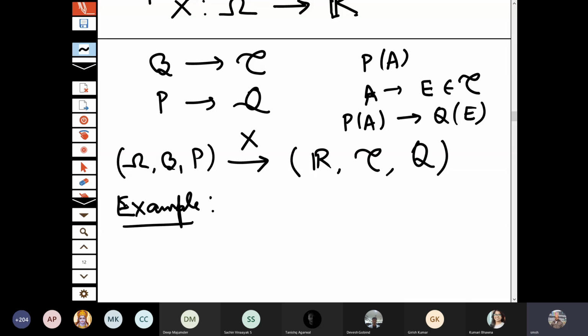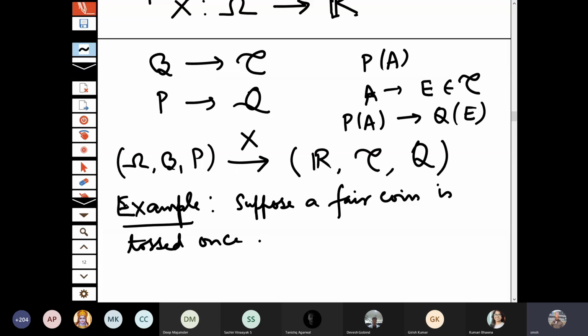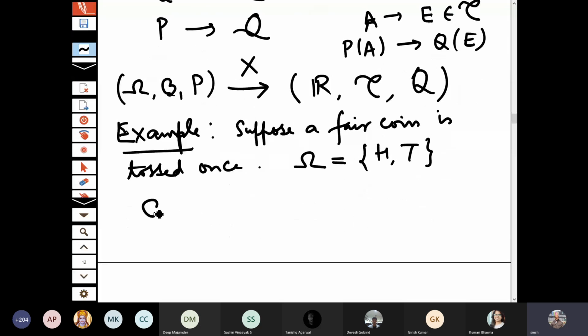Let us consider tossing of a single coin. Suppose a fair coin is tossed once. Okay, only once. So I think I made the problem very, very simple. So your omega is H, T, and what is your B?